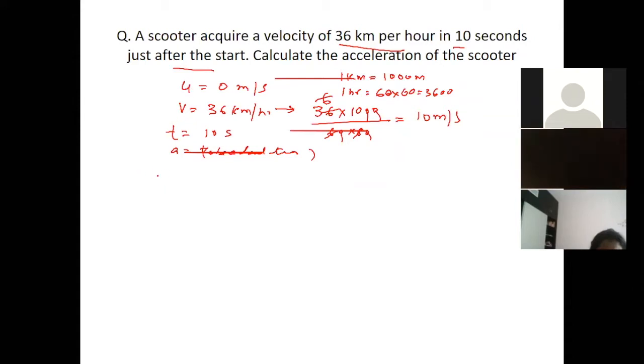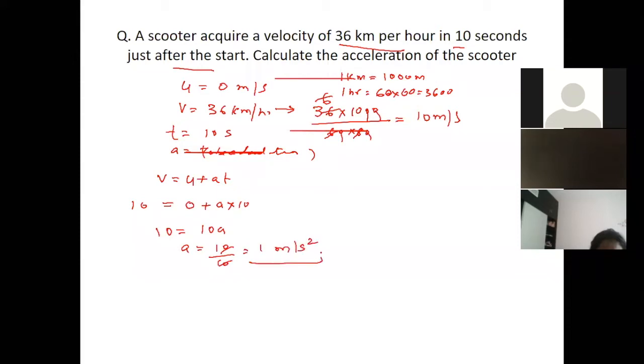So we can use v equal to u plus at, right? u is 0. Acceleration we have to find out, into 10, and v is also given as 10. So 10a equals 10, 10 by 10 cancel, a is 1 meter per second square.